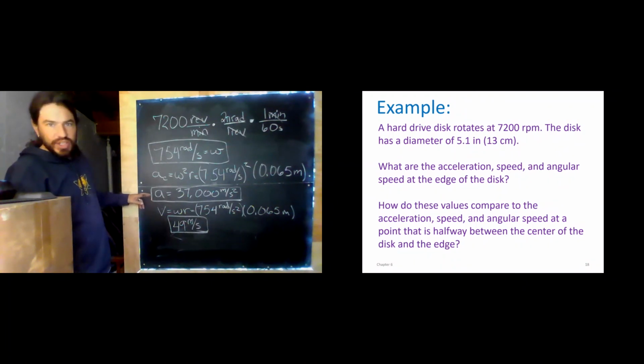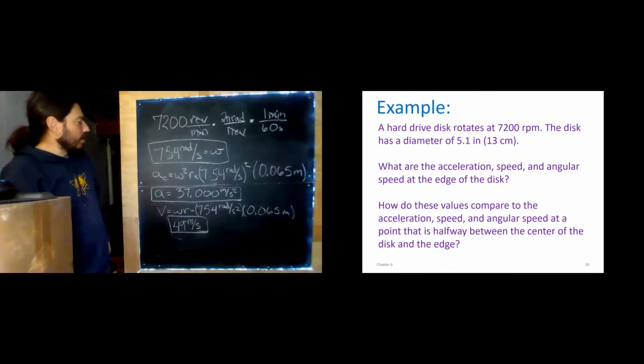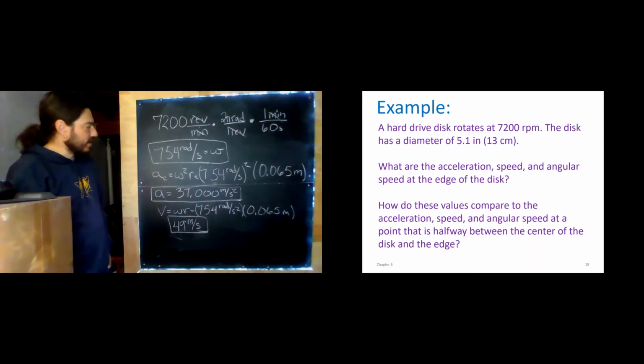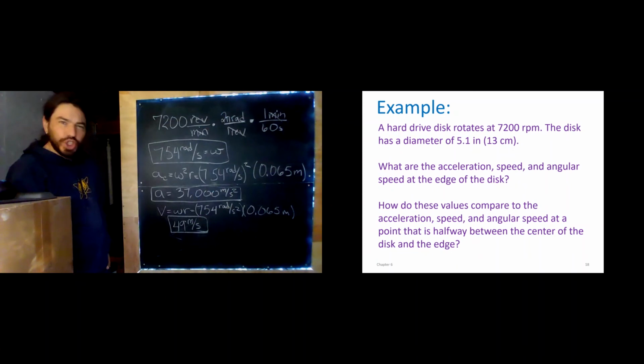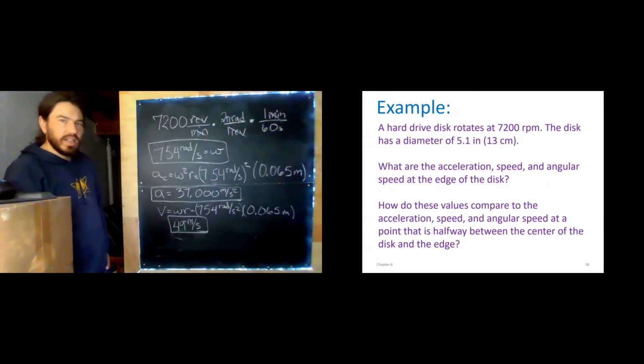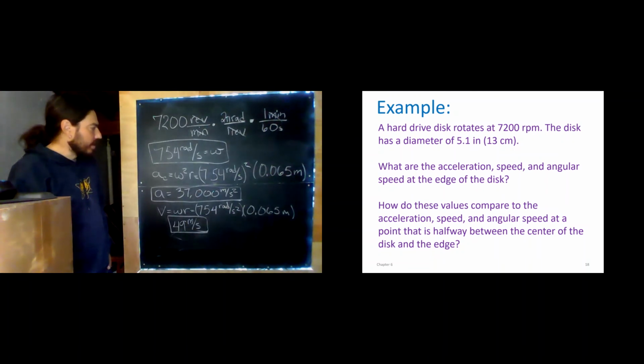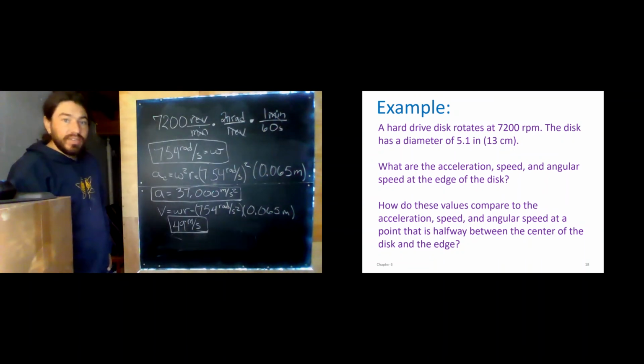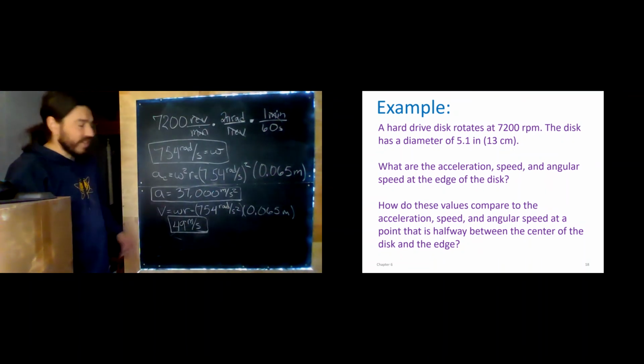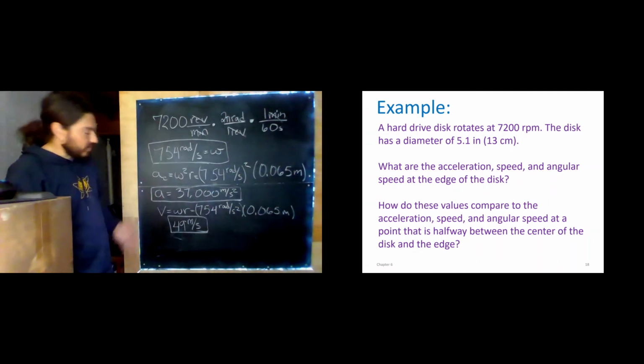This is a huge acceleration, isn't it? But it's also a very tiny little hard disk, and it doesn't have a lot of mass. If we imagine just a little chunk on the side, it's not going to weigh very much, so it's not going to require a ton of force. However, folks have done experiments to see how fast they can get these things rotating before they fly apart, and it's faster than this. So anyhow, this is a large number, but it's reasonable.